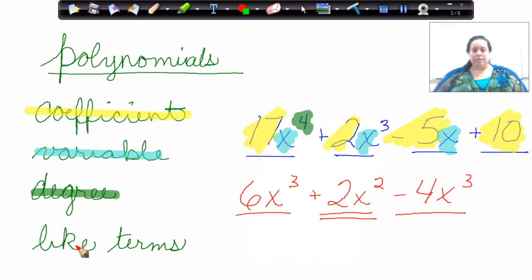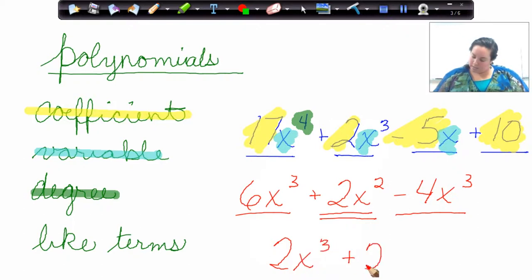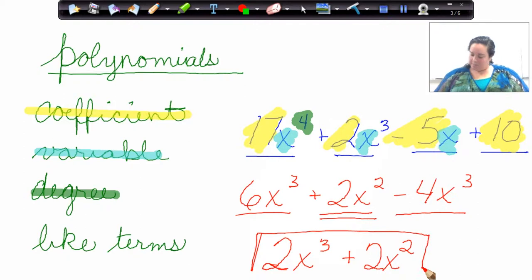The reason like terms are important is because we can add and subtract like terms, but we can't add and subtract things that are not like terms. So we can add this with this and get 2x cubed plus 2x squared. The x squared can't be added with the 2x cubed, because they're not like terms, but this one and this one could, and so we can simplify it this way.